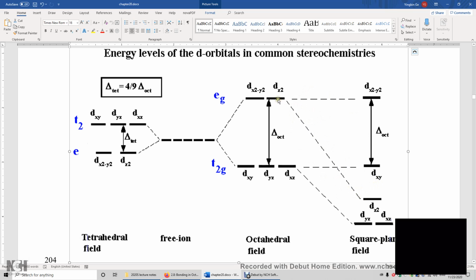So perhaps you can still lower this dz squared to maybe here, but it's still above the barycenter, right? And you can slightly lower the energies of dyz or dxz, actually both of them, maybe to here and here, but the energy decrease is not significant enough.